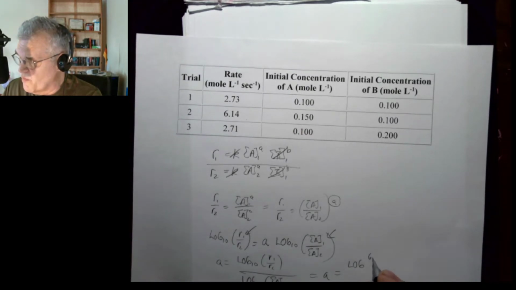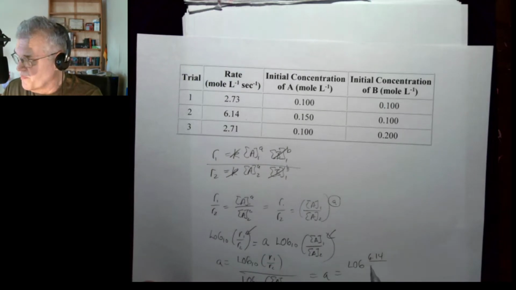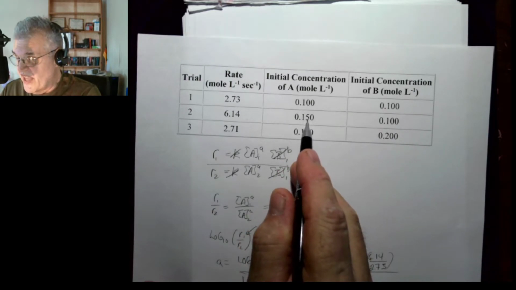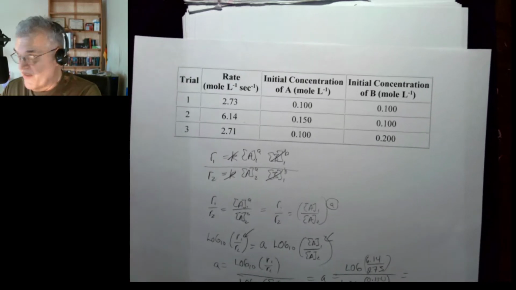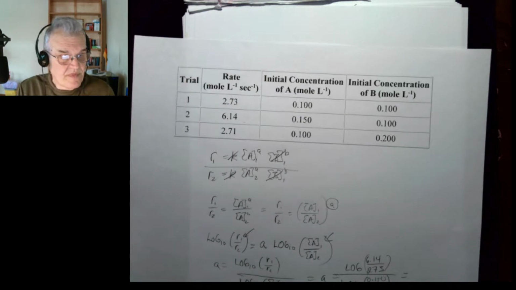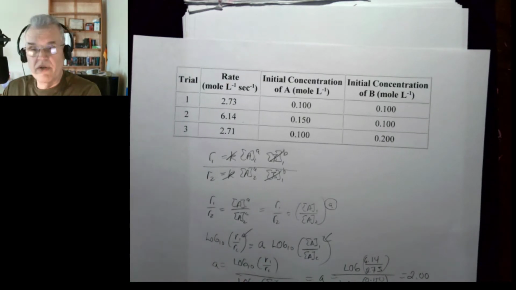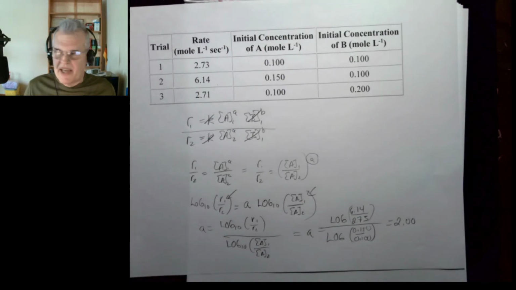So that's log of 6.14 over top of my slow 2.73. And that's got to be divided by log of, and got to keep the concentrations, that's 0.150 over 0.100. And if I calculate that out, and you should do that in your calculator, I'm going to end up with A equal to 2.00.